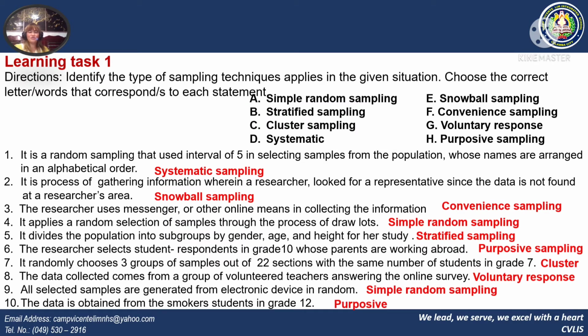Okay, so you are really brilliant because you got the answer correctly. So the answer is purposive sampling technique. I hope that you got a perfect score in this round and be prepared with the next learning tasks.